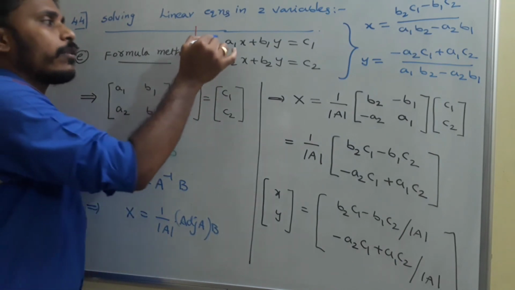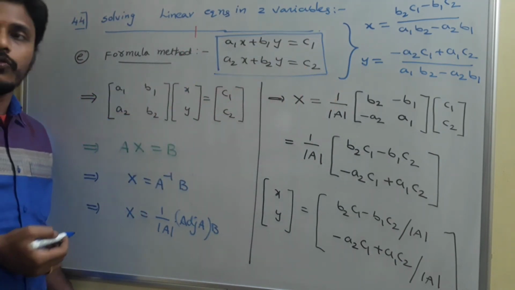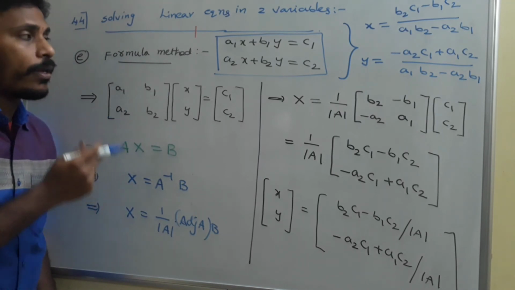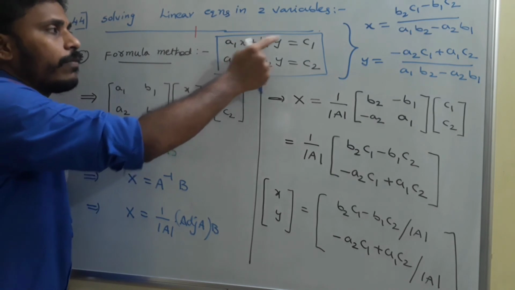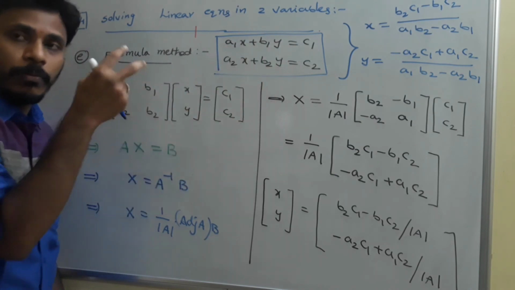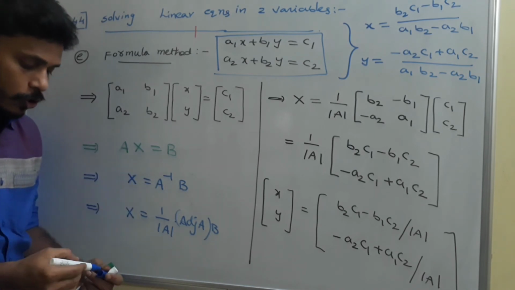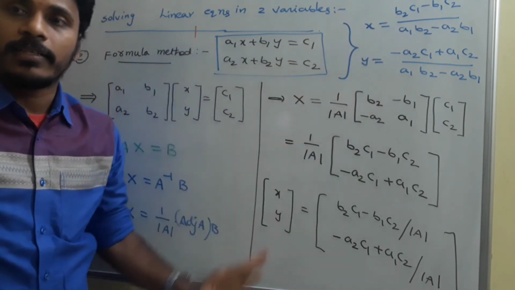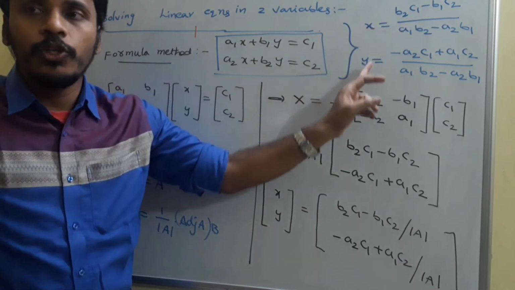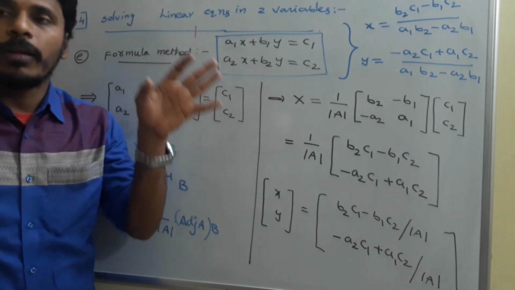So if you have two linear equations in two variables like A1x plus B1y is equal to C1 and A2x plus B2y is equal to C2, simply locate the values of A1, B1, C1, A2, B2, C2 from the equations and replace them in these formulas, and you will get X and Y. But memorizing these two to find small x and small y is a bit complicated for us.